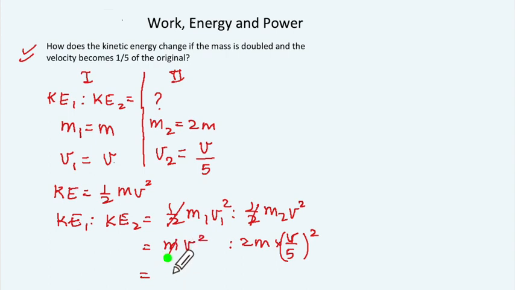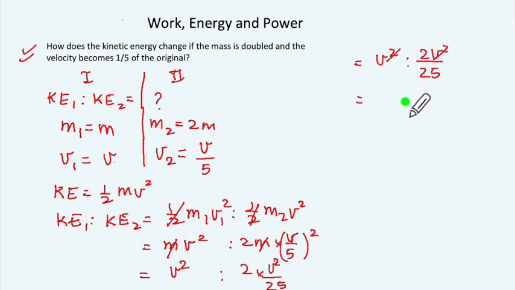So you will have m and m getting cancelled, so you'll have v square is to 2 multiplied by v square upon 25. Now if we continue with this, v square gets cancelled, you will have 1 is to 2 upon 25, so that gives us 25 is to 2.